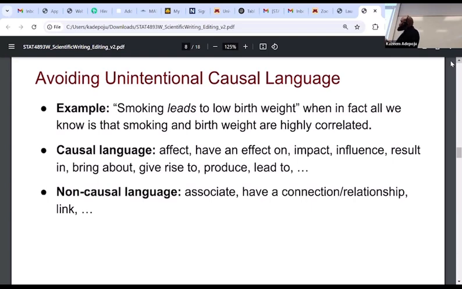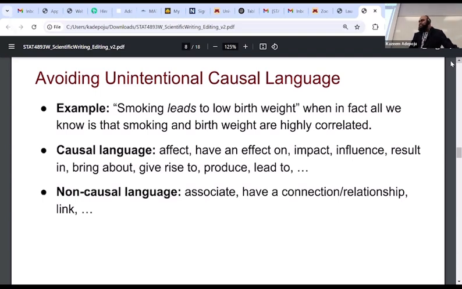But if you use non-causal language, your findings will remain scientifically precise, and it will avoid what I call over-interpreting statistical relationships.